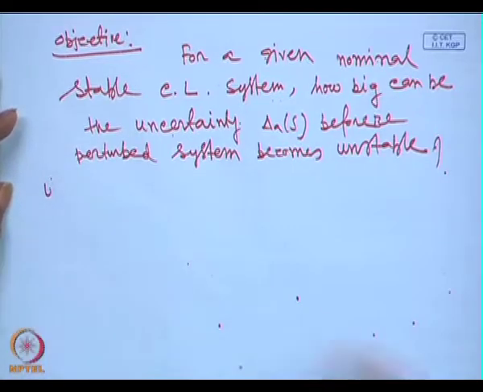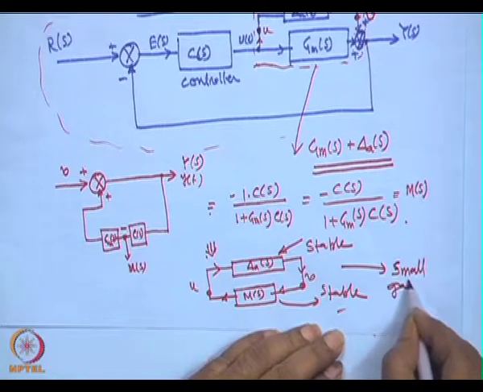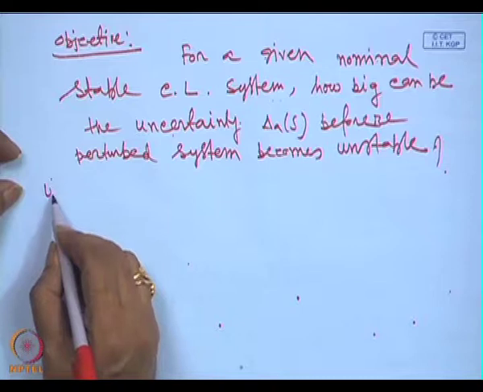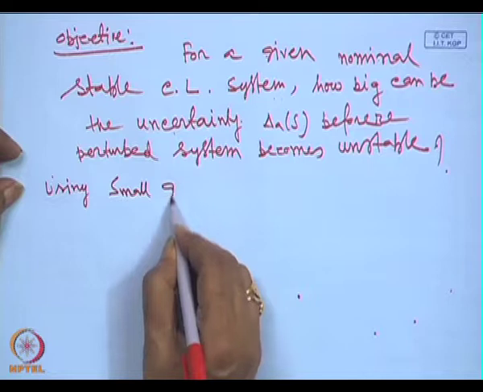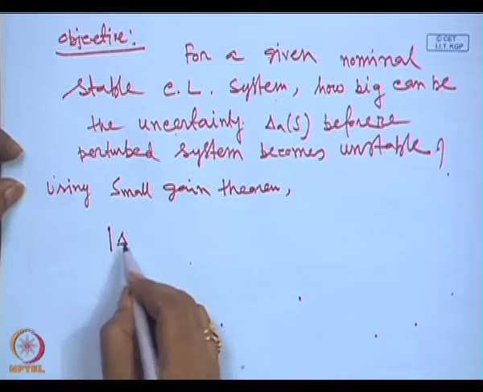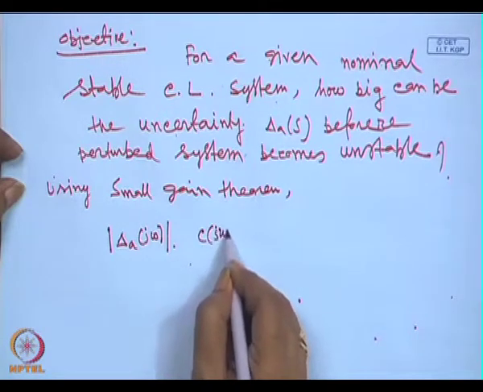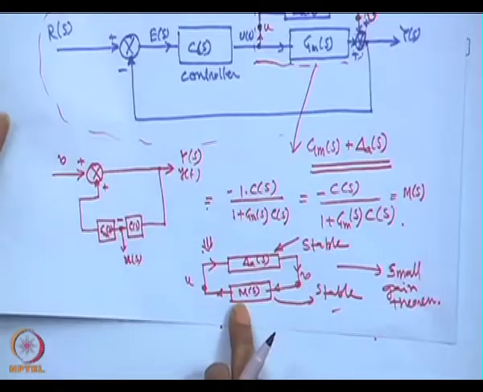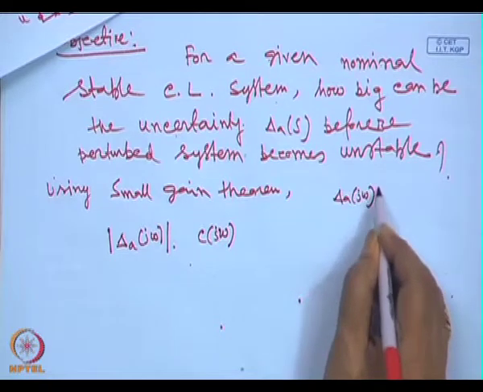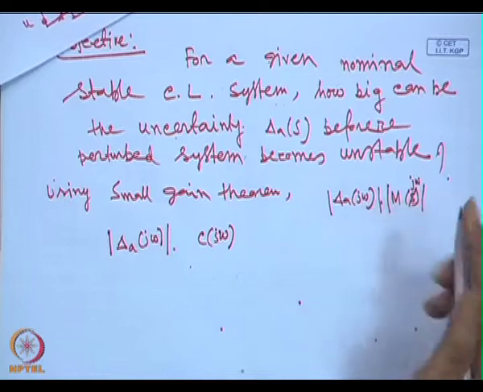So, now if you apply the small gain theorem here, according to the small gain theorem, we can write that the magnitude of delta A(j omega) times the magnitude of M(j omega), for all frequencies, should be less than 1.